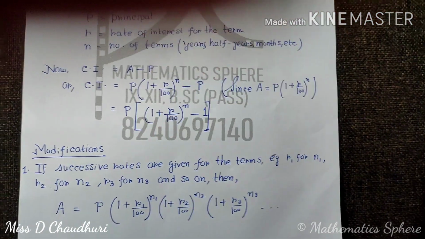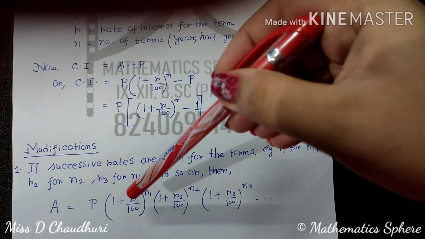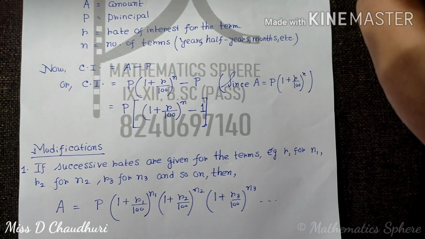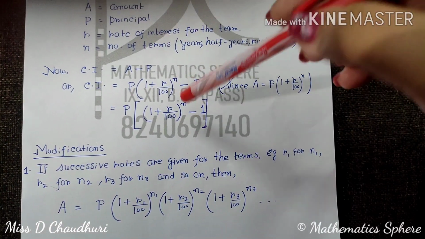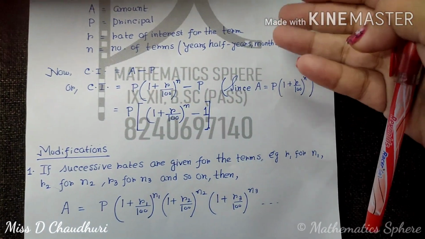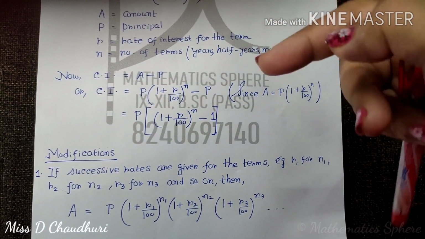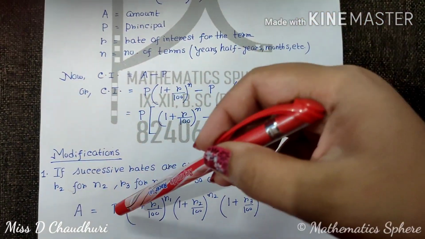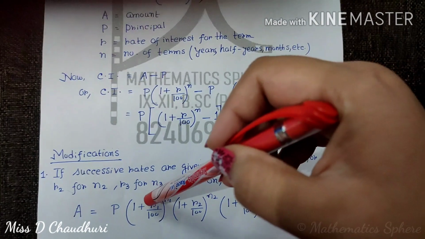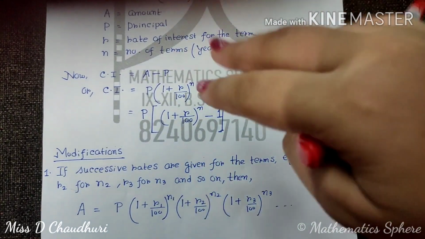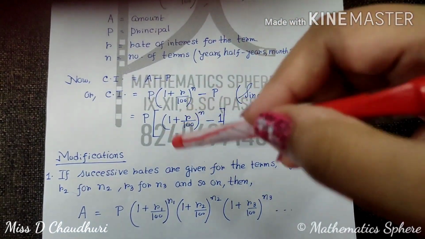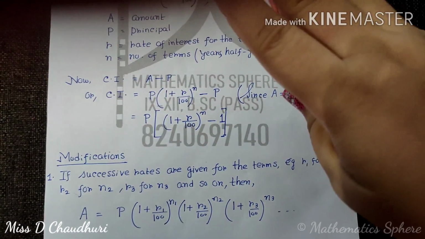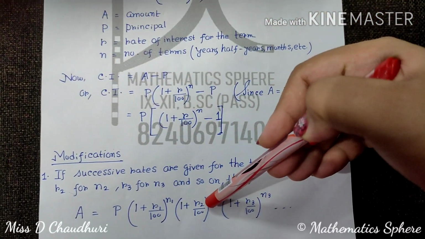What does this mean? Suppose you are told that you have a rate of 6% for 2 years. Okay, the interest is being compounded annually, and they tell you for the next 3 years the rate is 7%. So here this will not be needed. Then what you will do, you will take the principal, here you will write 1 plus 6 by 100 whole to the power 2, because 6% is for 2 years, okay. And here you will write 1 plus 7 by 100, or whatever rate is given, for the next 3 years, so whole to the power 3.